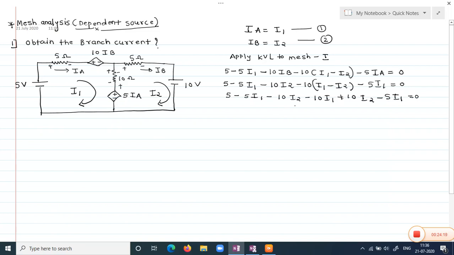Then the independent source is what? That is 5. You have to keep it outside as it is. So we'll write the 5 as it is over here.